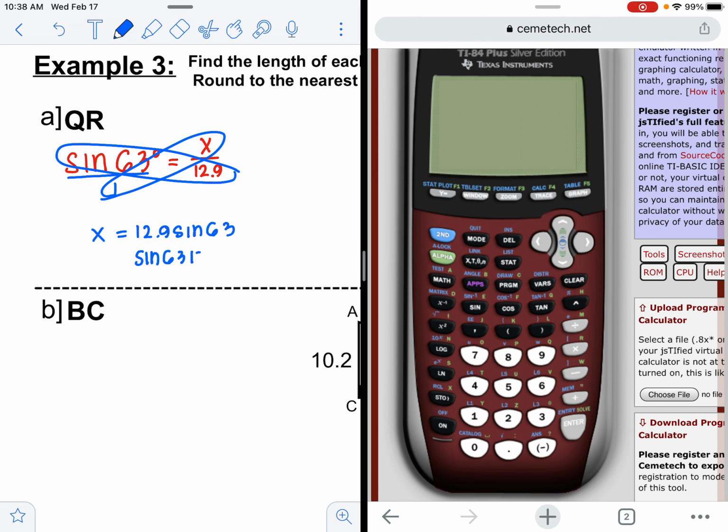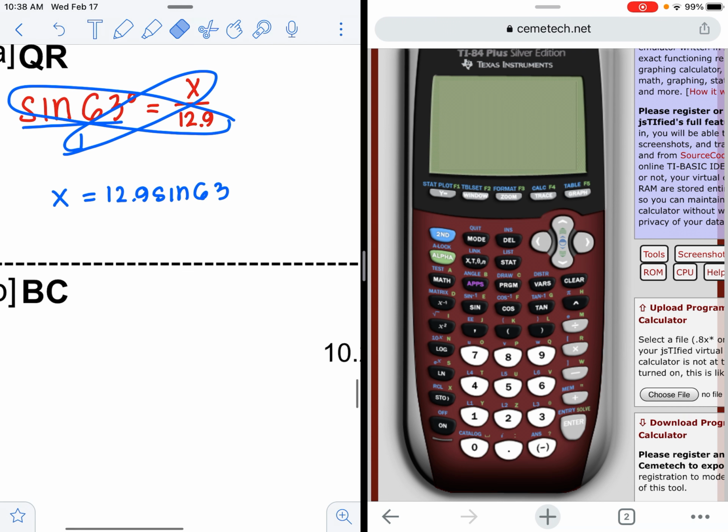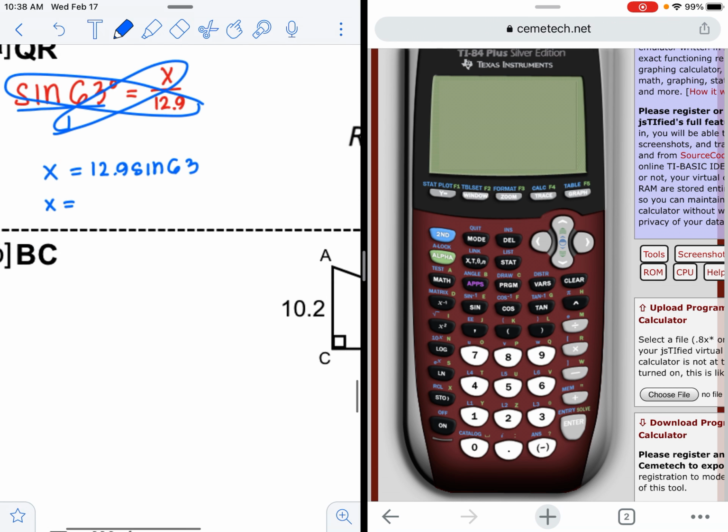Write the 12.9 first. If you don't, it's going to look like this: sine 63, 12.9. That looks like 6,312.9, right? So always write the other number first and then your trig function.